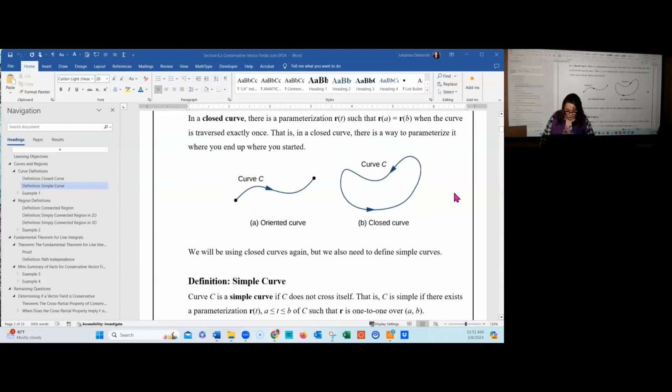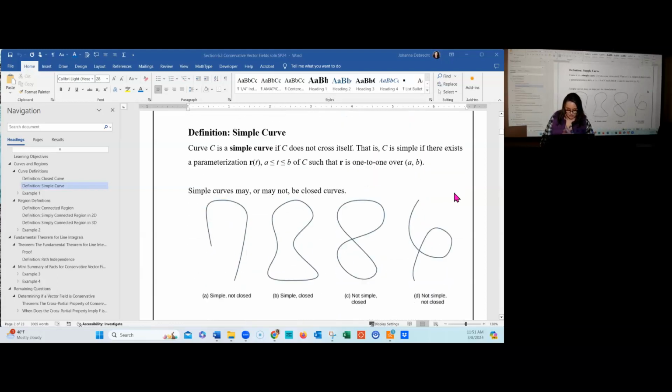Now let's define what we mean by simple curves. A simple curve is simple if it doesn't cross itself. So in this case, there exists a parameterization r(t) such that as t varies between a and b, r is one-to-one over that interval. In other words, there's no parameter value between a and b that returns the same value at two different locations.